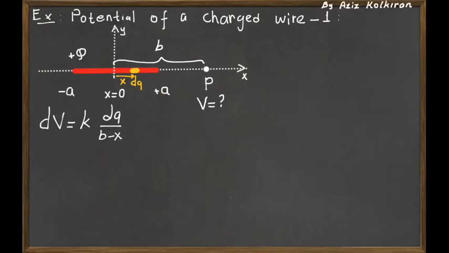So next we express this dq charge in terms of the charge density and dx. We have this expression dx because it's a line charge, and if we multiply this dx, the infinitesimal length in the x direction, by the charge density, we will get dq.